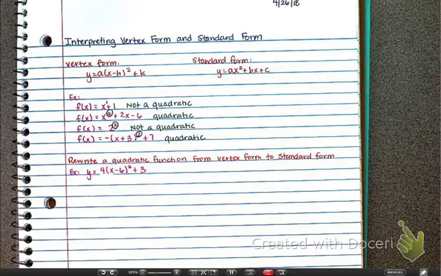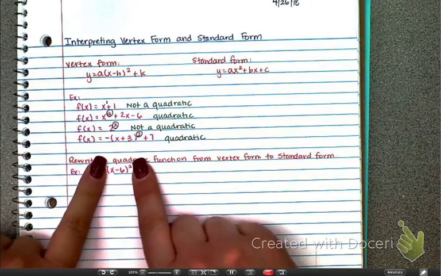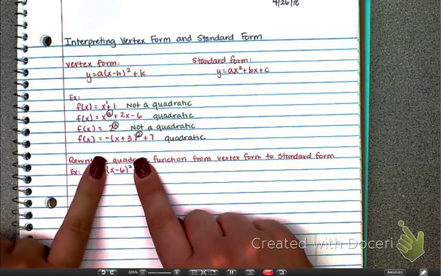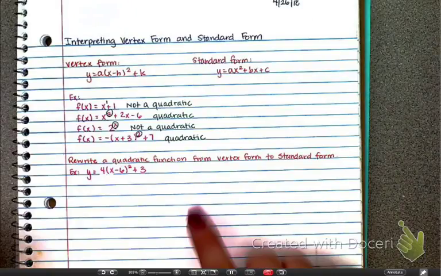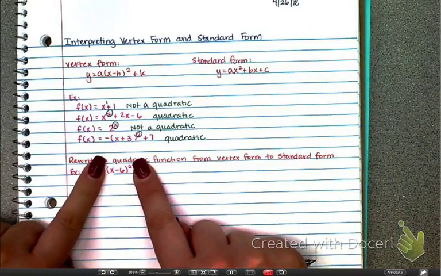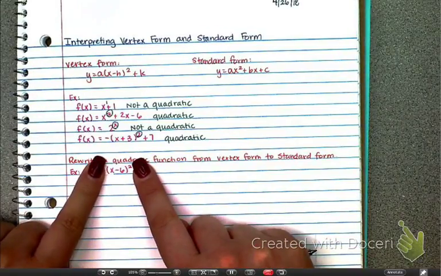The parentheses. Okay, so how would I deal with the parentheses? So if I just gave you this, what does that mean? Okay, so we're not quite sure what this means. X minus 6 squared. What does that mean? X minus 6 times x minus 6, which means you would use the box or the FOIL method to multiply that out. Right?